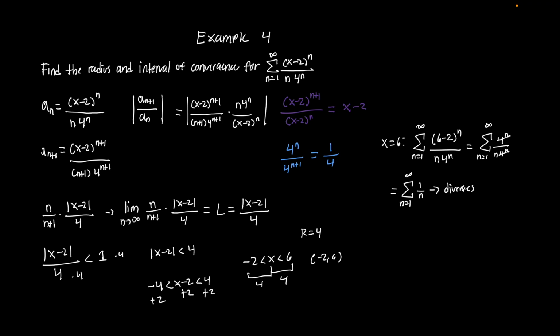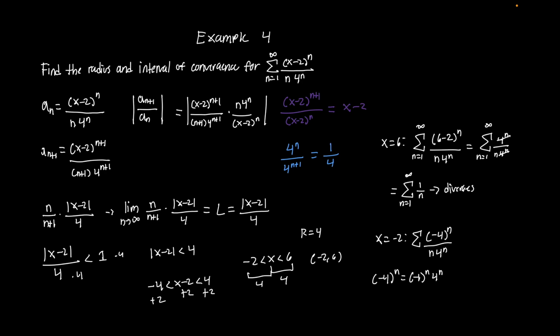Now let's plug in the negative 2. So for x equals negative 2, we get, well, negative 2 minus 2 is just negative 4, to the n over n times 4 to the n. If you remember, we can rewrite the negative 4 to the n as negative 1 to the n times 4 to the power of n. Because remember, this is just an alternator, so all the negative does is say plus, minus, plus, minus.